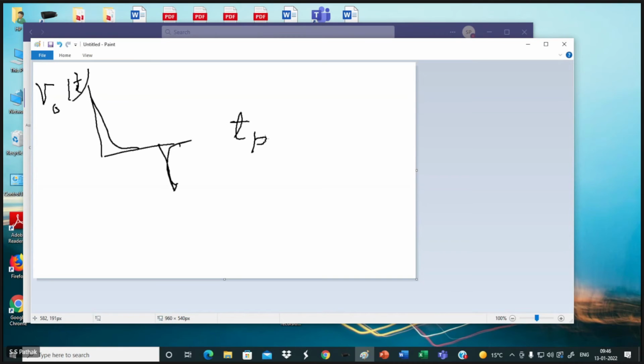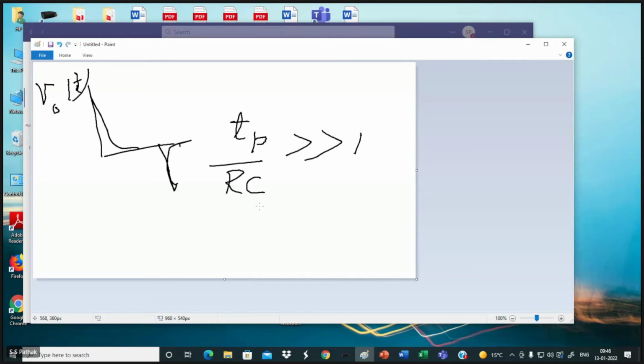Tp is a pulse width. If Tp divided by this time constant RC is much greater than 1, you are having this kind of shape. So you have to choose the time constant accordingly to make your switch.